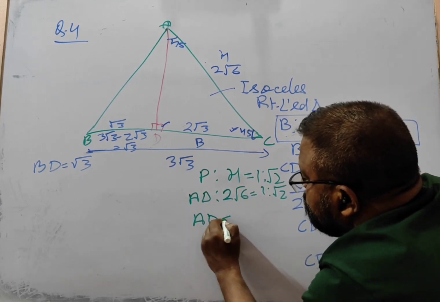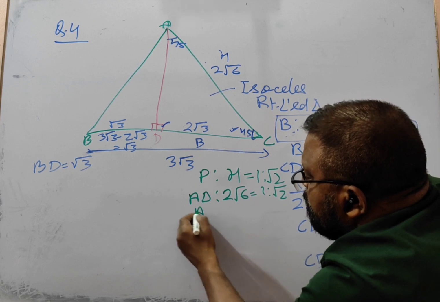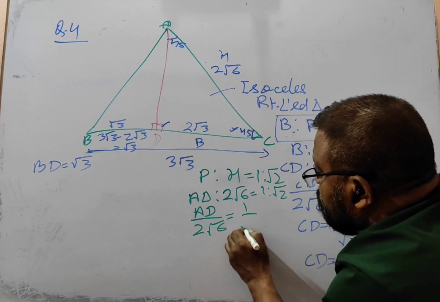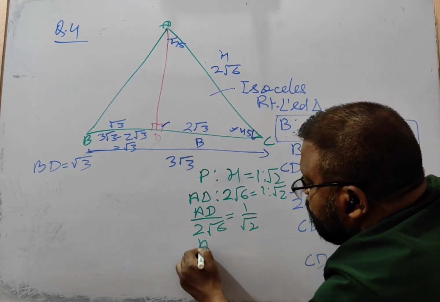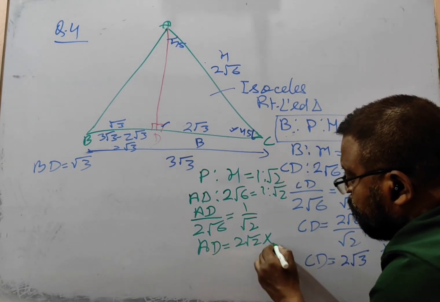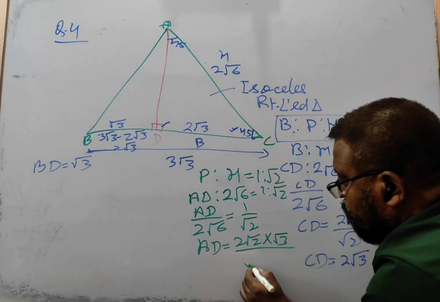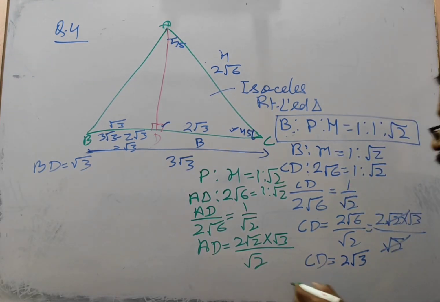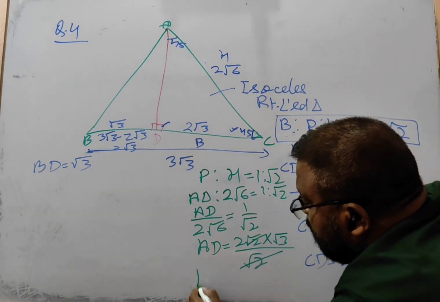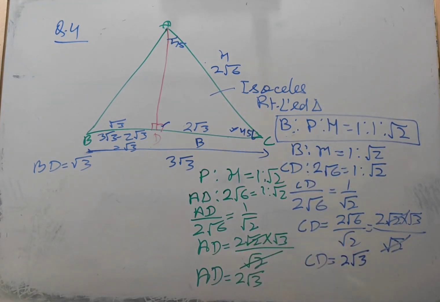We can write AD upon 2 root 6 is equal to 1 upon root 2. So we bring it to the other side. 2 root 6 means root 3 into root 2 into root 3 upon root 2. Got it? So root 2 and root 2 are gone, and we get AD is also 2 root 3. Right?